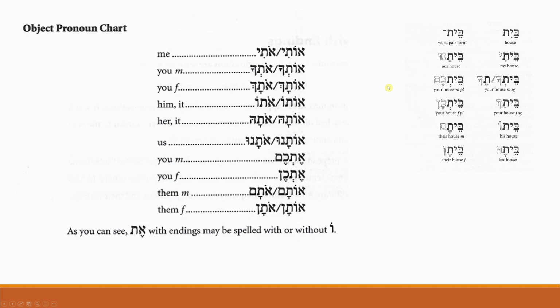Okay, here is the object pronoun chart. So this is what happens when you place a pronoun at the end of the direct object indicator. This is probably a chart that you will want to memorize, or at the very least know very, very well. Now take heart here. All of these endings, if you were paying attention to the last part of the lecture, you already know, or at least you're already working on these endings.